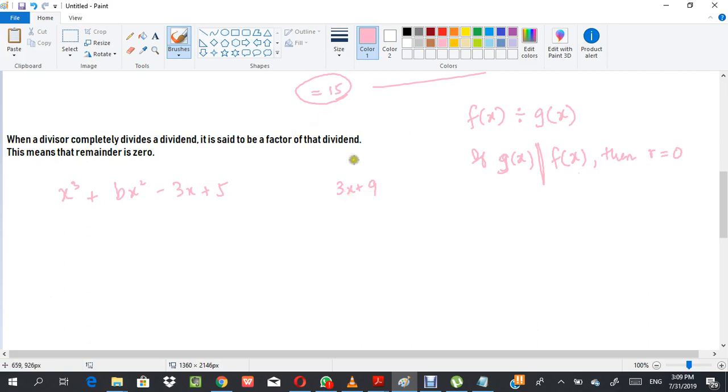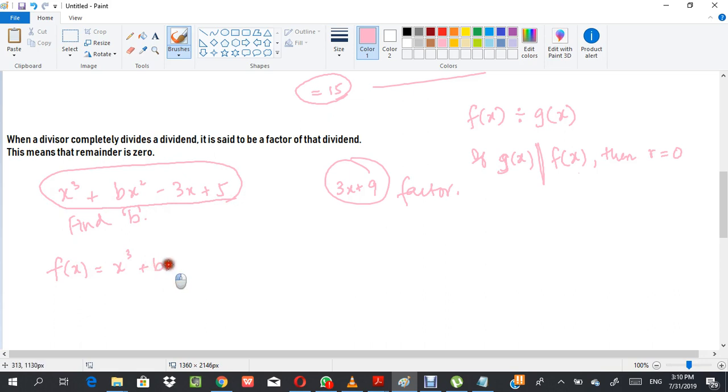This is a factor, right? We have been told about this. And the question says find b. So firstly I'm going to write this as a function. So f of x is equal to x cubed add bx squared minus 3x add 5.